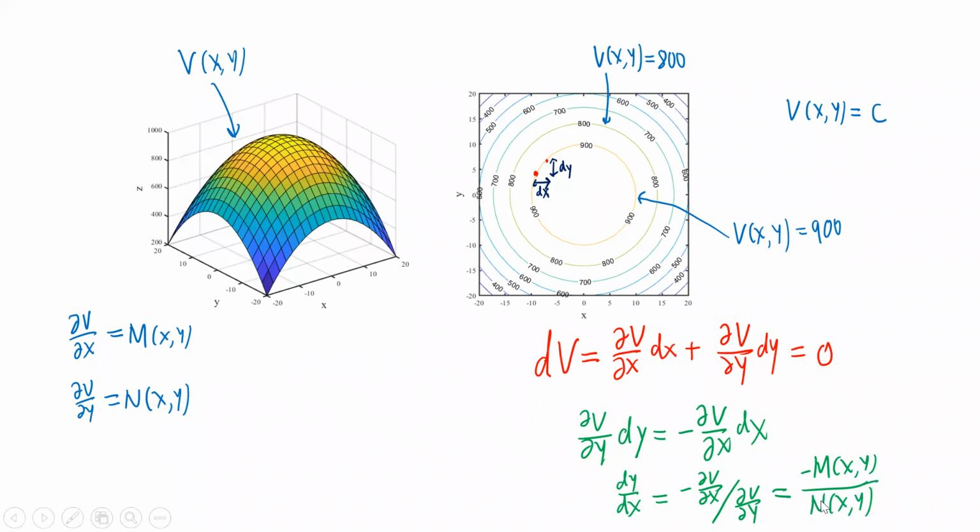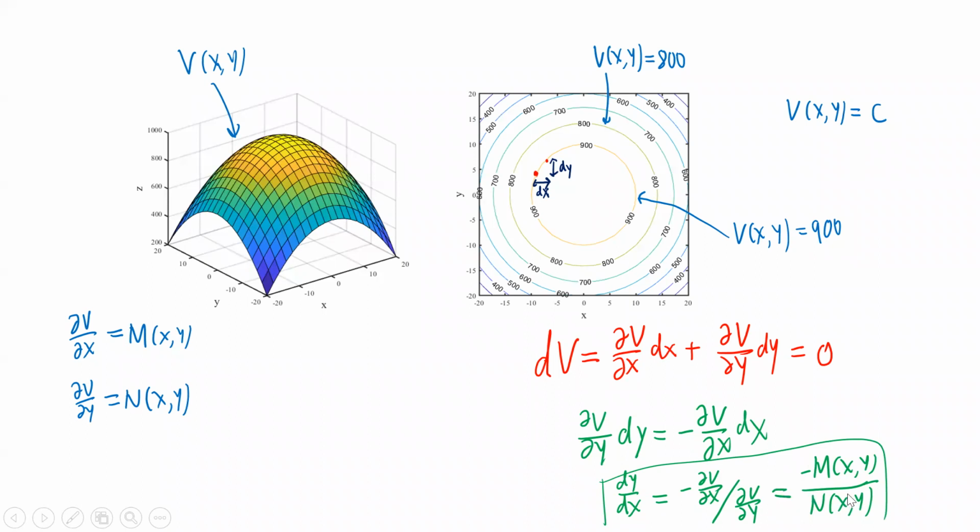divided by this capital N. Okay. So now if I look at this, it is an ODE now. So dy dx equals this.